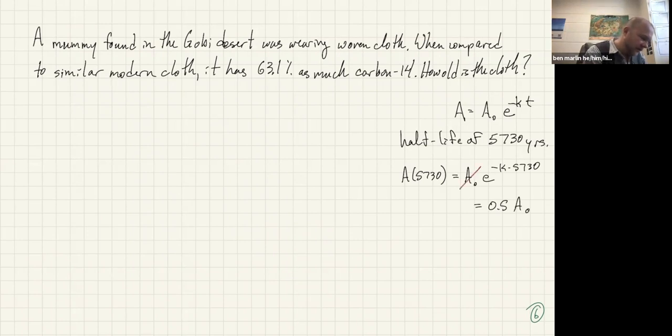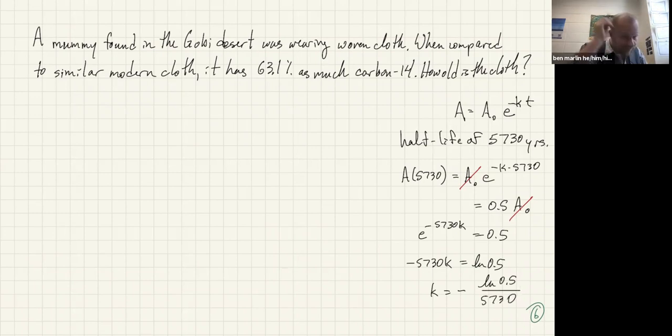So then if you divide out the A naught, then you have an equation to solve here that's e to the -5730k is equal to 0.5. And if you take natural logs on both sides, you end up with this. And so the k that we're talking about is going to be the negative of ln 0.5 divided by 5730.